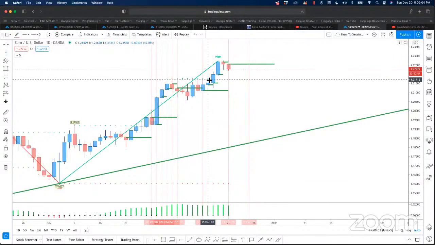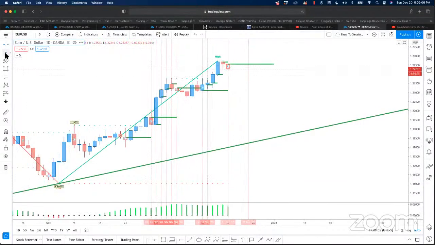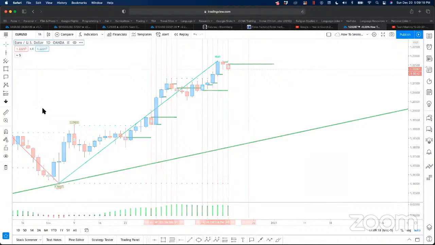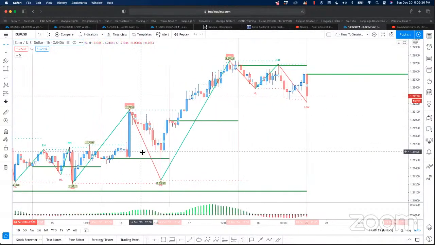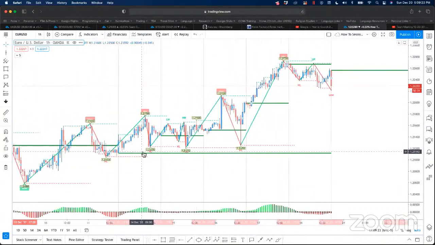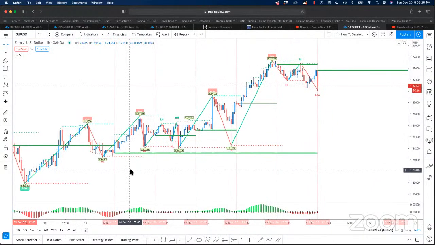Then here's the day. Here's the next day. Now, lower time frame, 1 hour. The whole week right here.